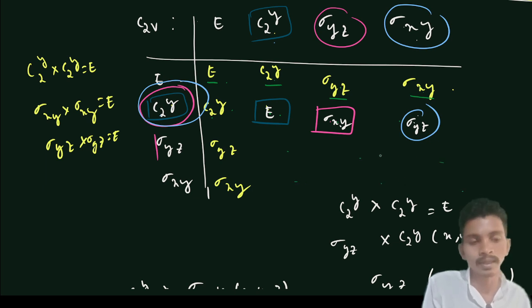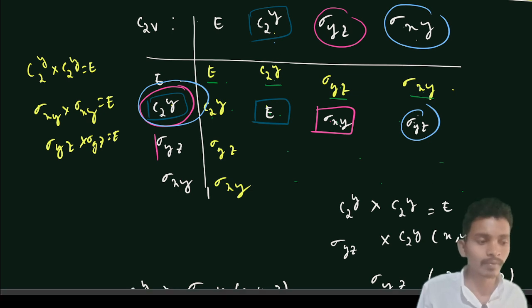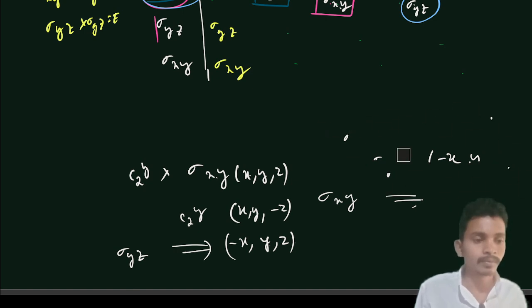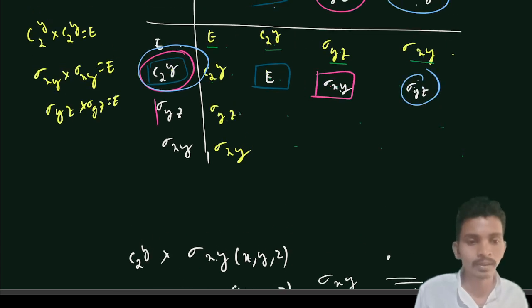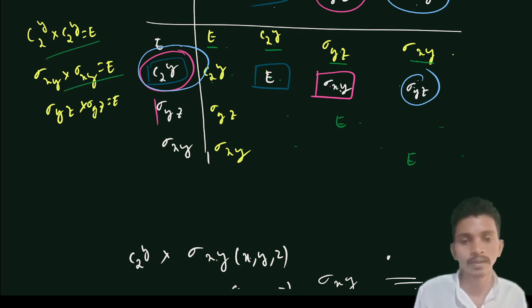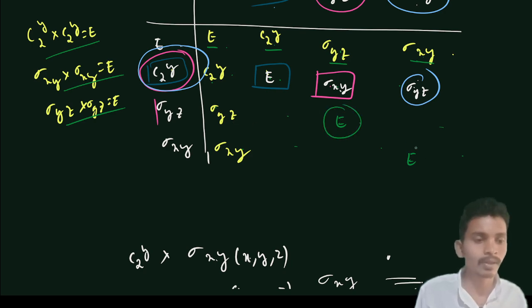Which position they come in, that we will decide, but nothing other than these symmetry operations will come. Whatever operations come, any of these 4 will come here. And we know that E will come if the same is multiplied. So here E will come because the same is multiplied. Similarly, here E will come because wherever the same things are multiplied, E will come. That we know.